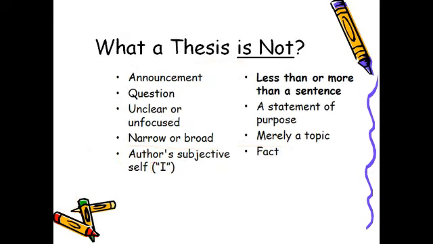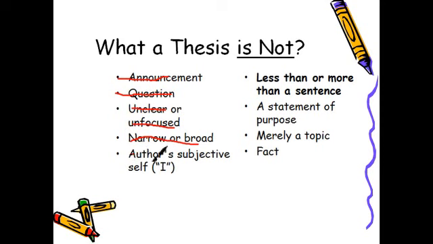So now that we've discussed what is a thesis statement, let's discuss in detail what a thesis statement is not. You'll remember from our tutorials before we've discussed this. A thesis is never an announcement or question. It's never unclear or unfocused. It's never too narrow or too broad.